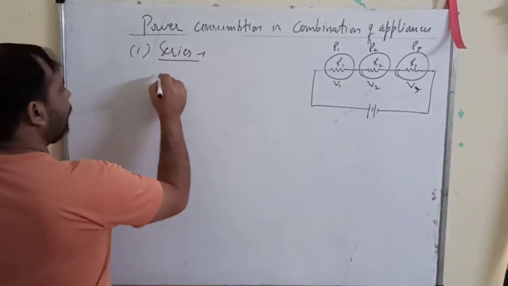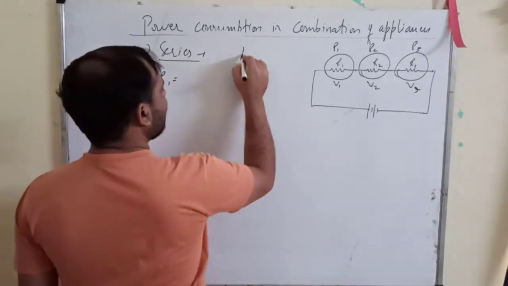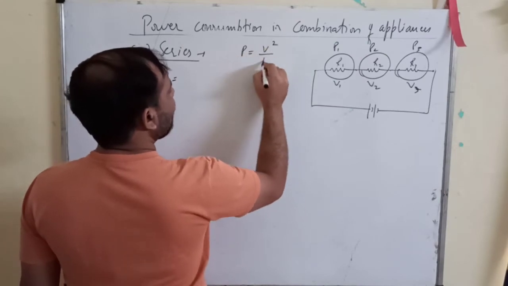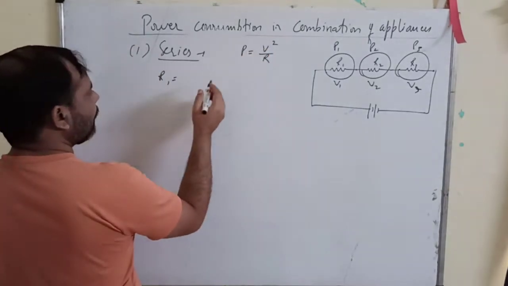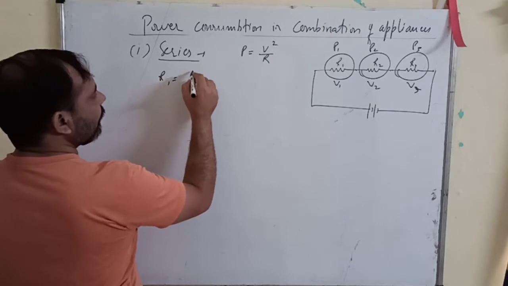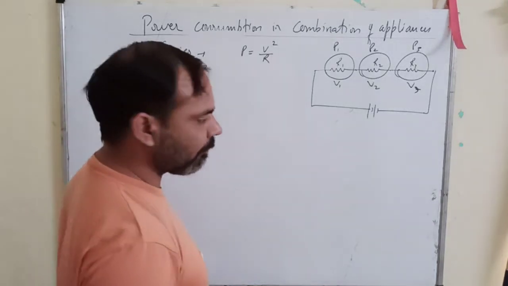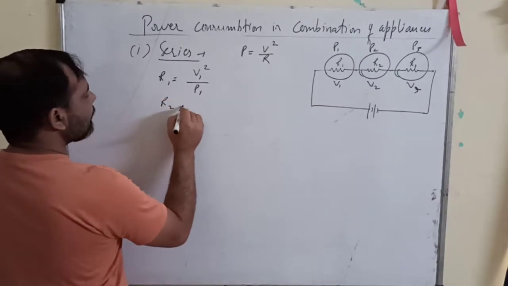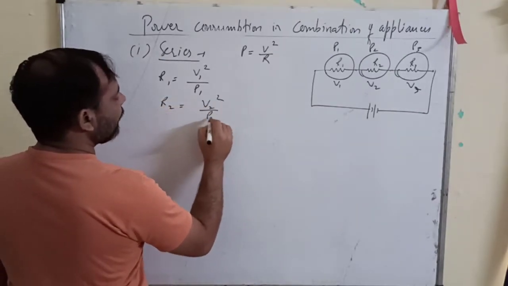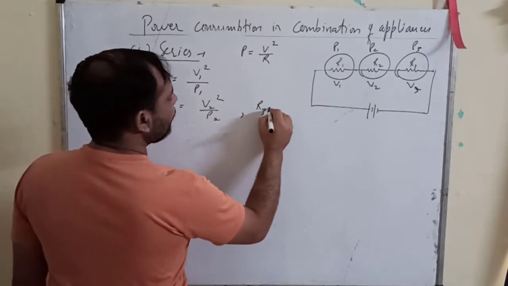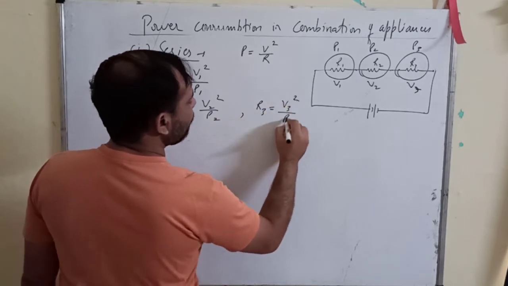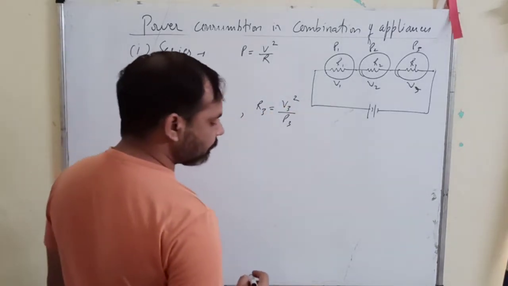Now here we have the formula P equals V square upon R. So R1 is equal to V1 square upon P1, R2 is equal to V2 square upon P2, R3 is equal to V3 square upon P3.